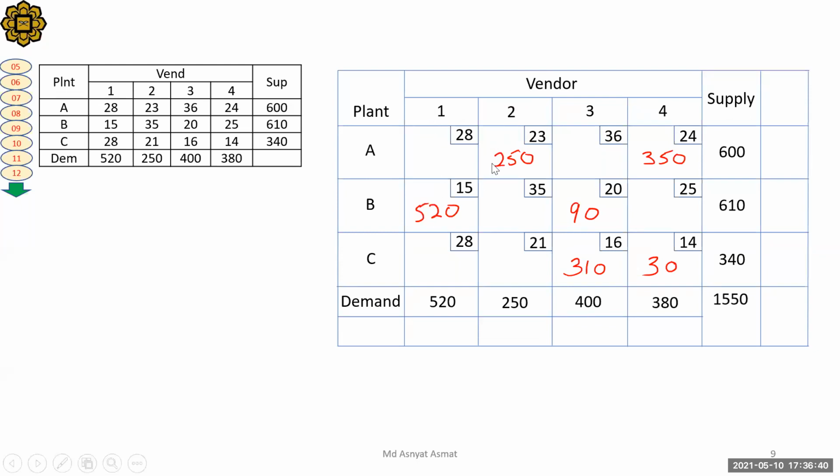Now check the number of basic cells. How many basic cells? 6. If it is 6, then okay, we can proceed. If not, it will degenerate, degeneracy.